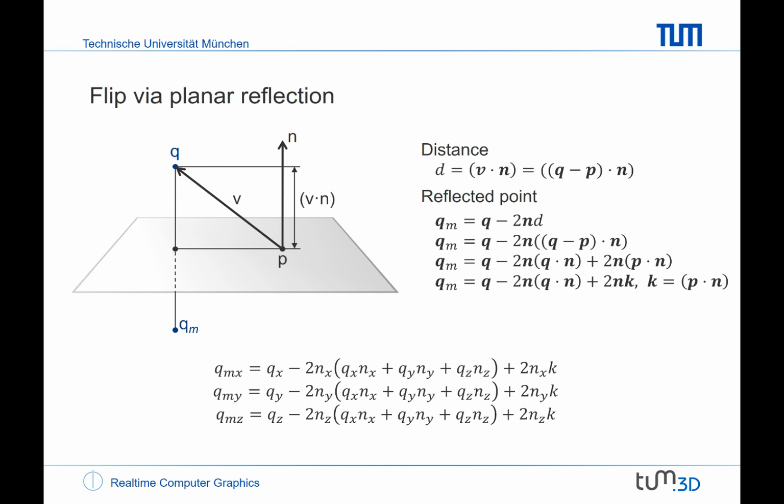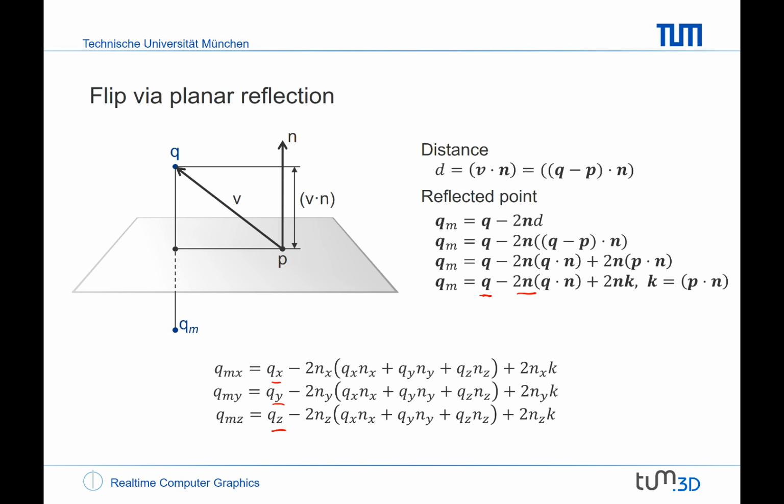Okay, so we can write that down now for each of the x, y, and z coordinate components of the reflected point Q. That is just Qx, Qy, and Qz, component-wise, minus 2 times n x, y, and z.